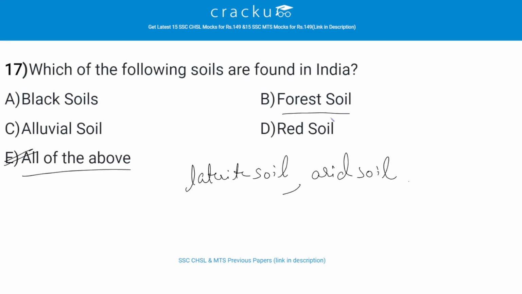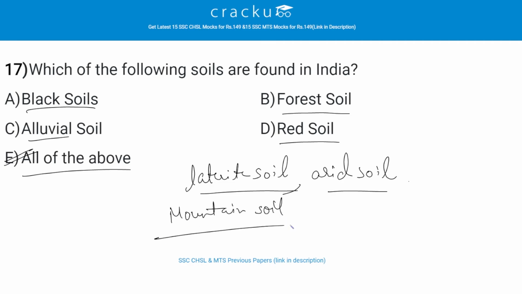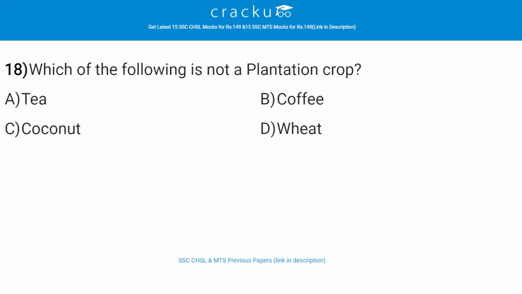So, forest is there, red is there, black, alluvial, laterite, arid, then mountain soil, and then the last one is marsh soil.